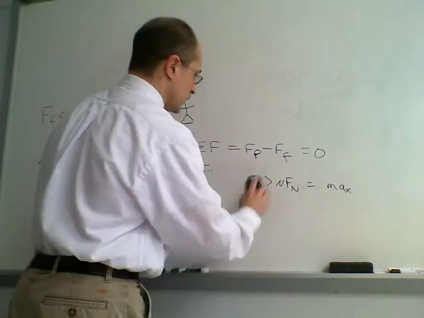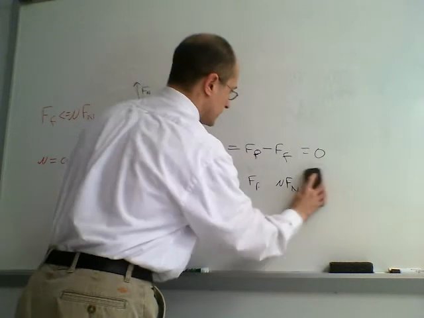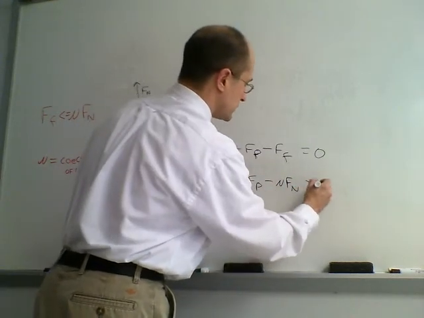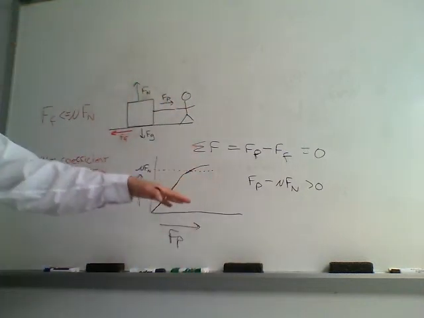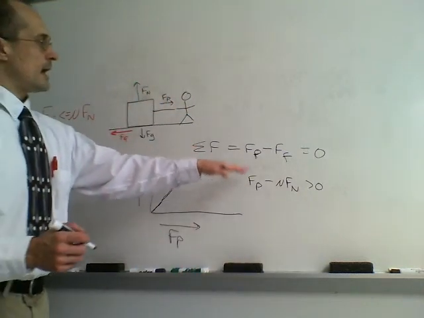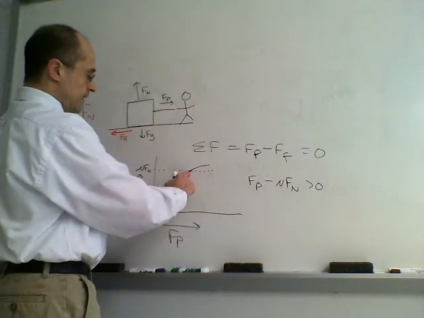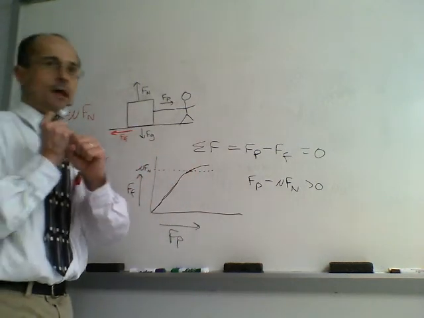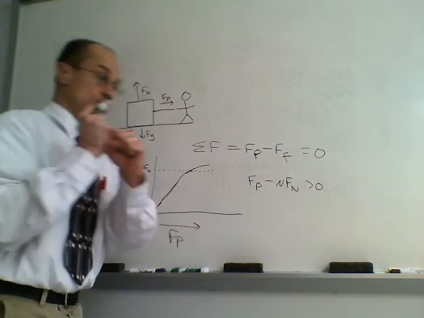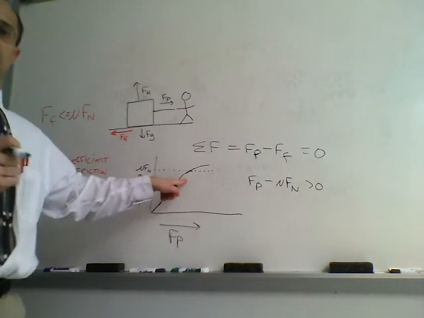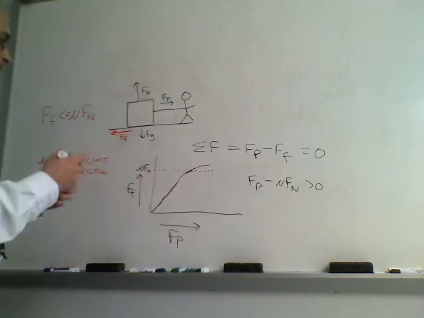So if the net force is larger than zero, then you have an acceleration. Otherwise, up until that number, you're pulling on the block and it's not moving, and friction is matching your pull up until that value.